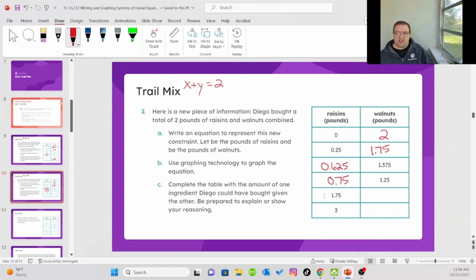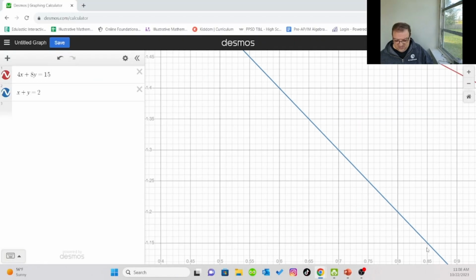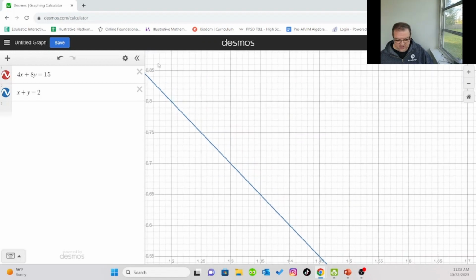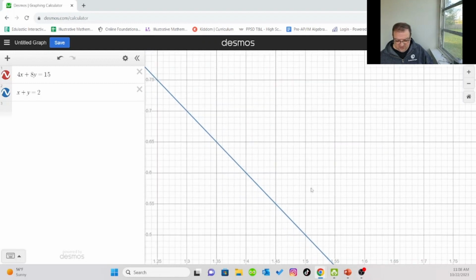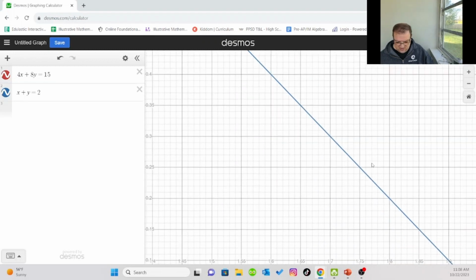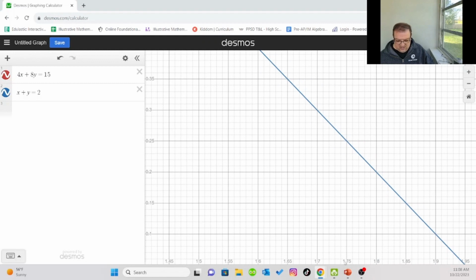Next, they're giving us the x value of 1.75. So we want to know where x is 1.75. Right here. I see my x value of 1.75.